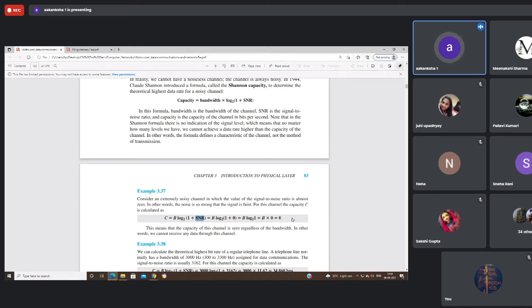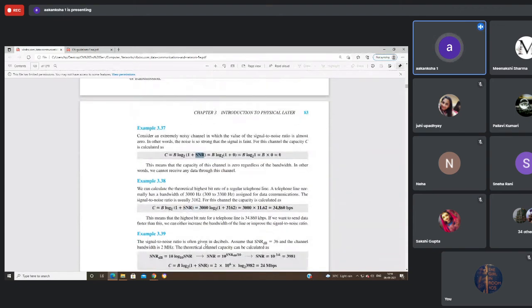Theoretically, whatever the bandwidth is, it doesn't matter: because SNR is 0, the capacity becomes 0. We cannot receive any data through this channel, and we can only have noise on the channel.